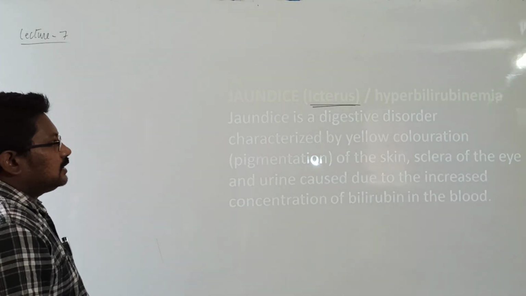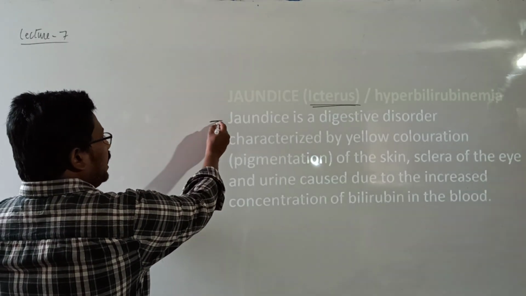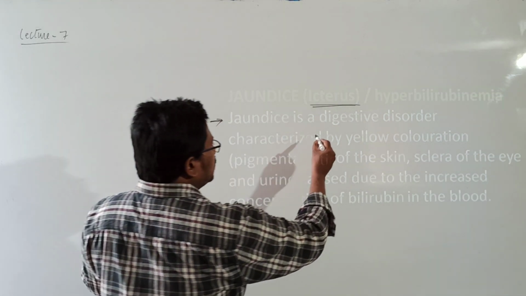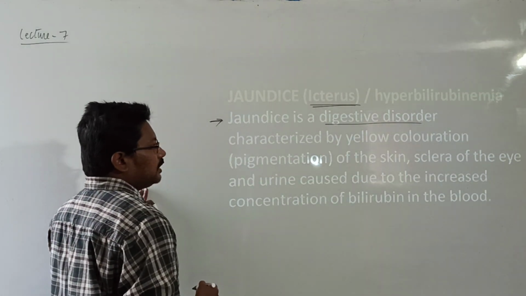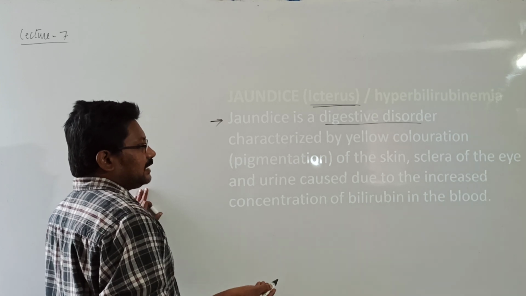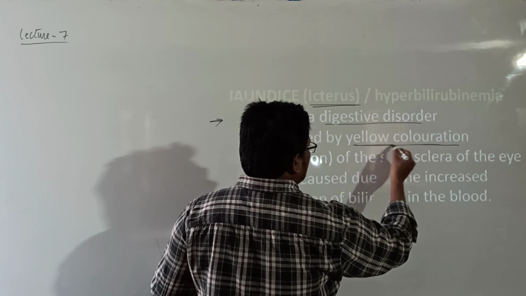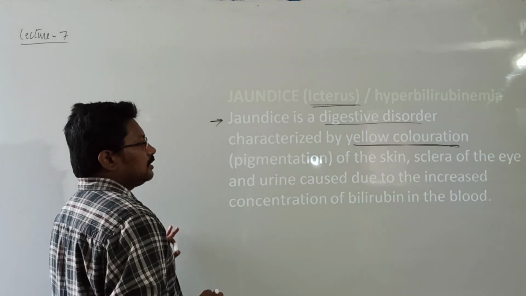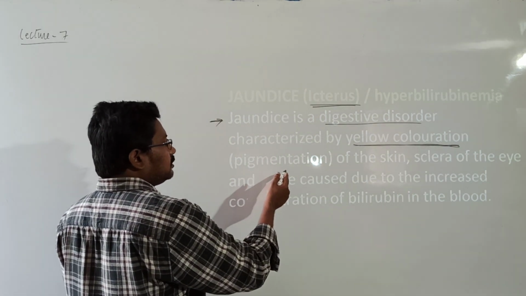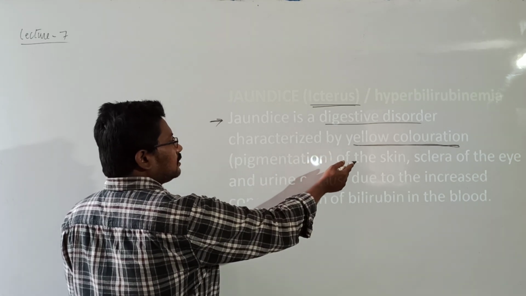Jaundice is actually a digestive disorder characterized by yellow coloration, or pigmentation, of the skin.